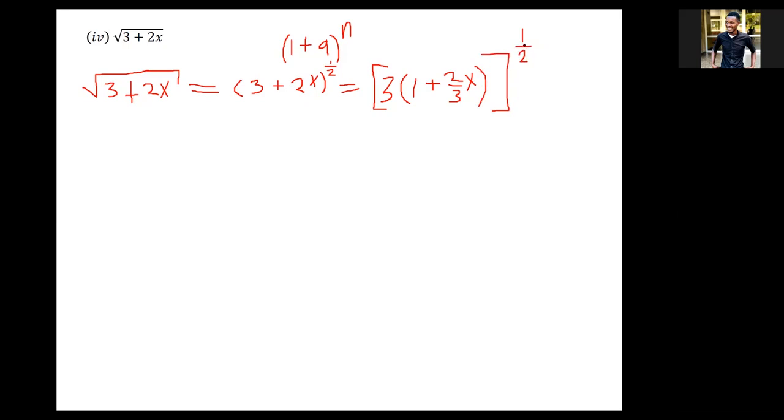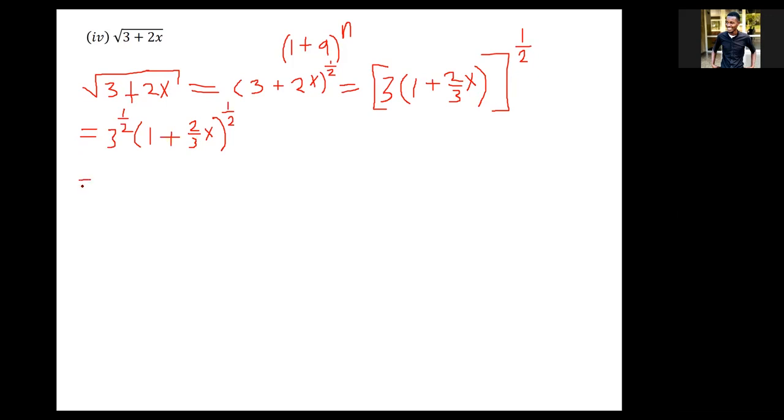So you distribute this power into the brackets there. You're going to have something like this. So this is going to be 3 raised to power half, and then open brackets, 1 plus 2 over 3x, and then everything raised to power half. So that's it.